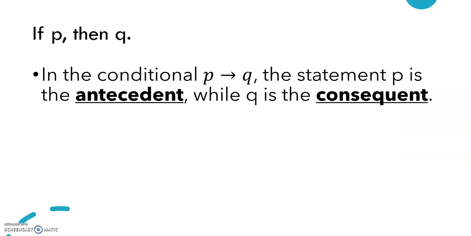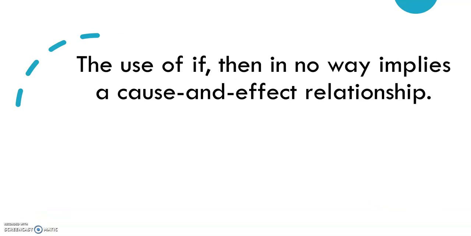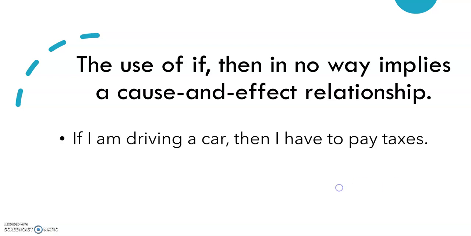If P, then Q. In the conditional statement P implies Q, the statement P is the antecedent while Q is the consequent. The use of if-then in no way implies a cause and effect relationship.